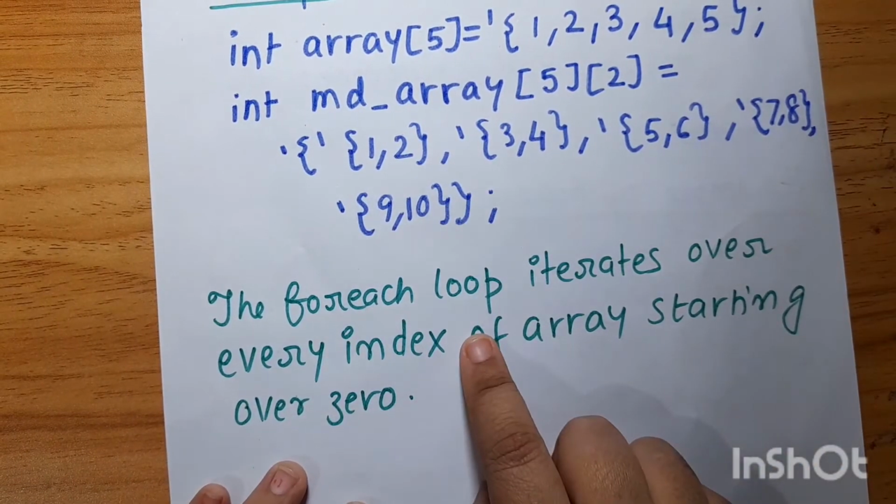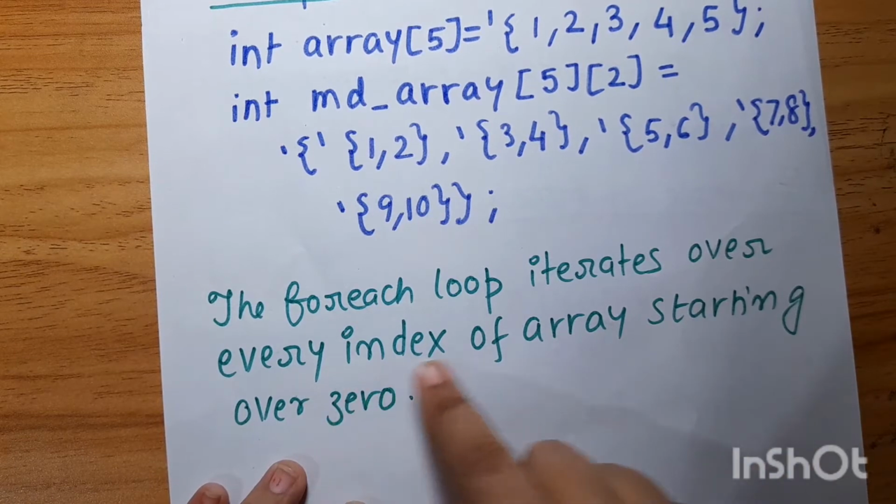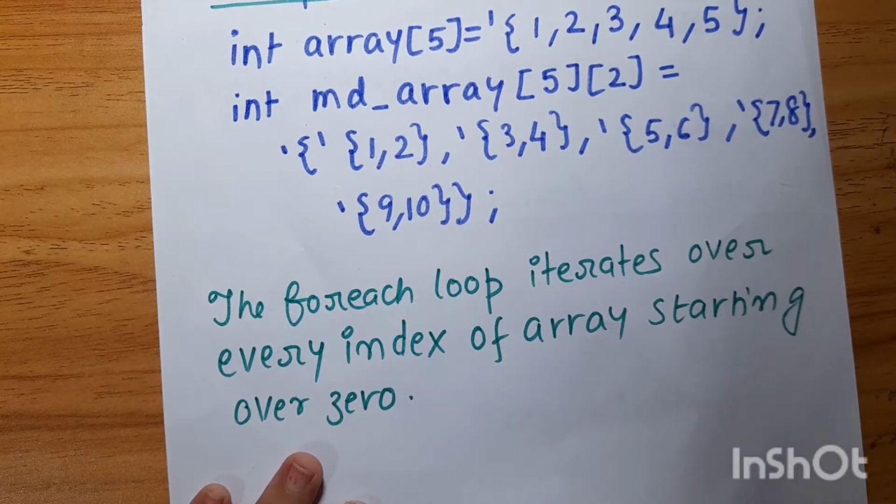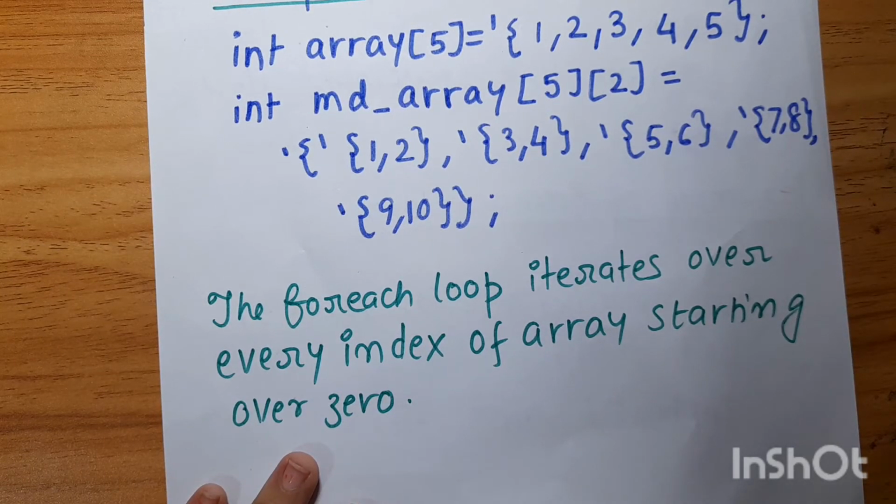So the foreach loop iterates over every index of the array, starting from 0. So if I want to do a certain operation or data manipulation on every data stored in an array, irrespective of single dimensional or two dimensional or three dimensional, whatever it is, or a different data type.